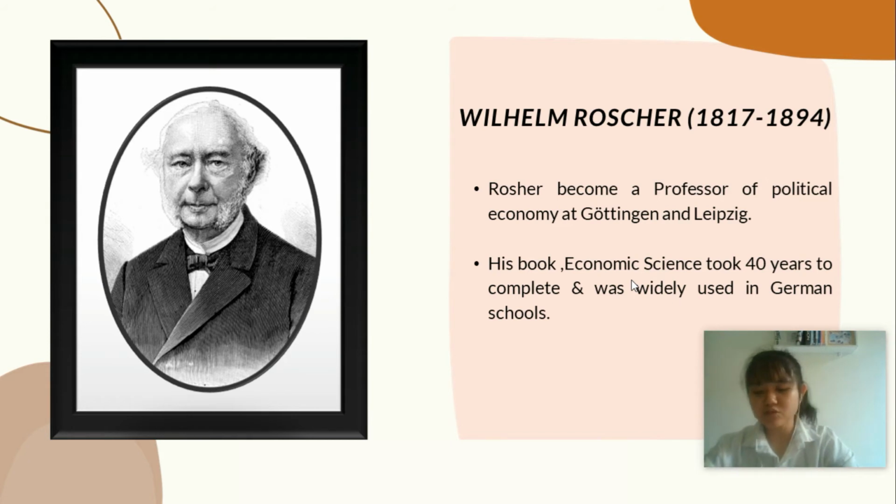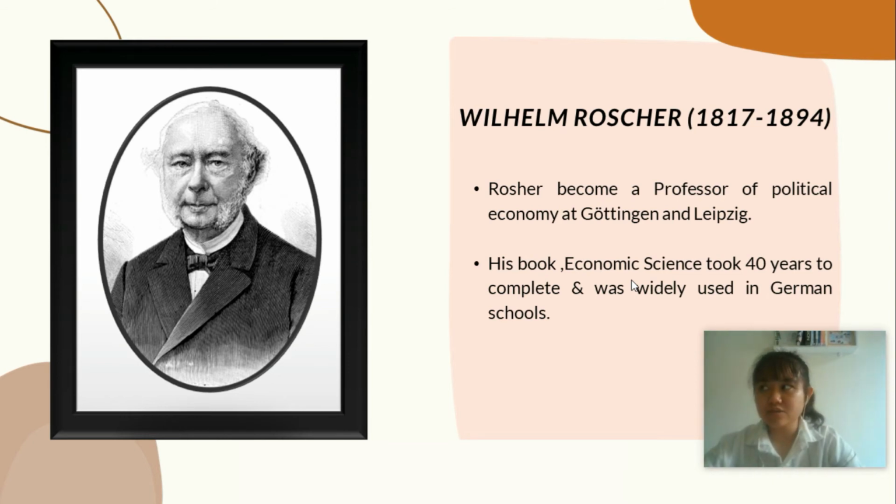Roscher became a professor of political economics at Göttingen, and he also wrote a book named Economic Science.